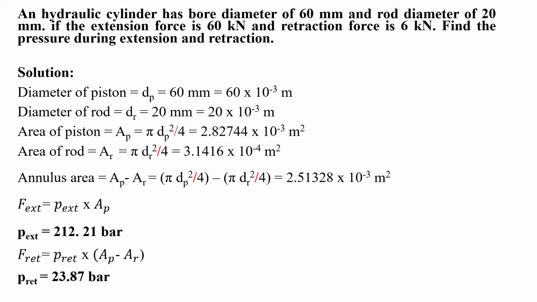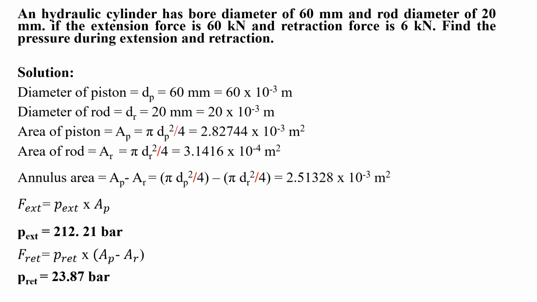212.21 bar. Okay. And similarly, for pressure during retraction, the formula is force during retraction equal to P retraction into annulus area, AP minus AR. So pressure during retraction equal to 6 into 10 to the power of 3 dividing by annulus area, that is 2.51328 into 10 to the power of minus 3.